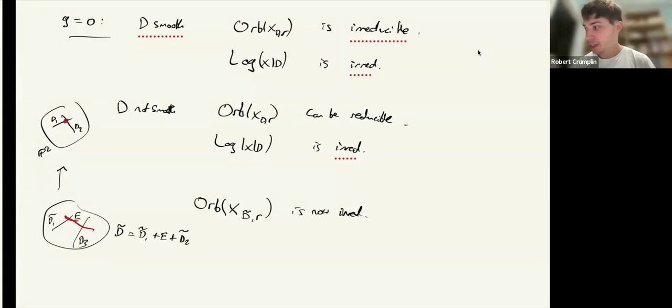So if I wanted to count curves which hit D1 at some point and D2 at another point away from this red point, it is going to be irreducible. But instead, if I wanted to look at maps, here's my picture of P2 and two lines again, which go through this red point, that's when stuff can go wrong.